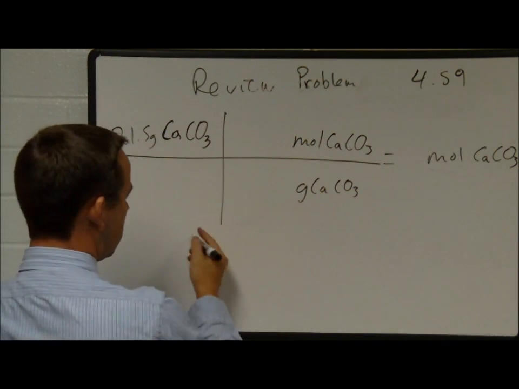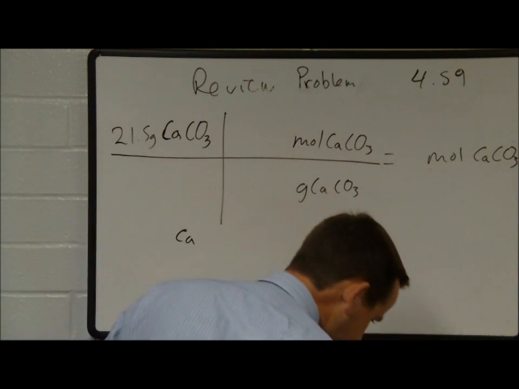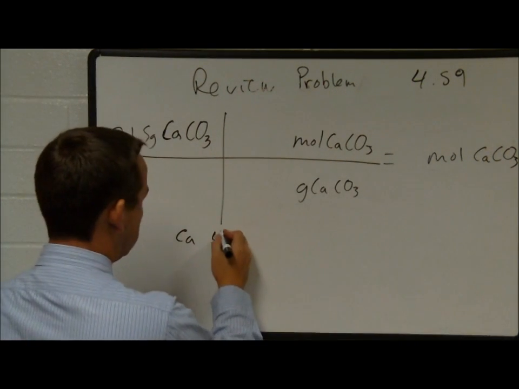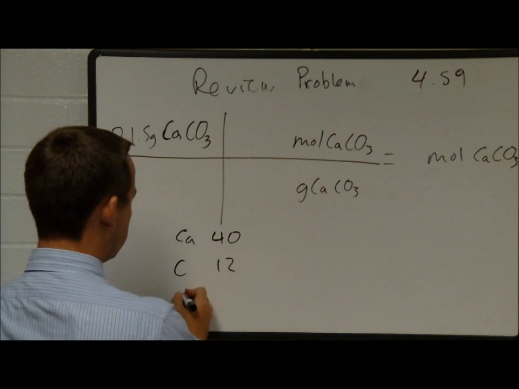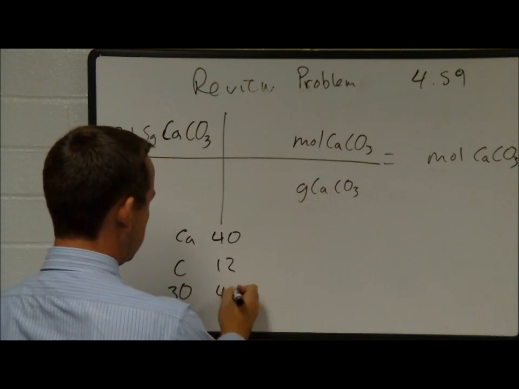Okay? So calcium, 40. Carbon, 12. 3 oxygens, 48.